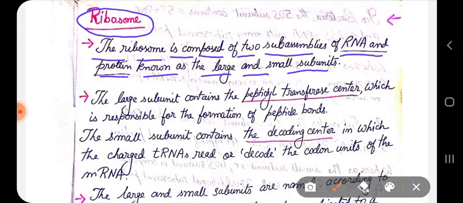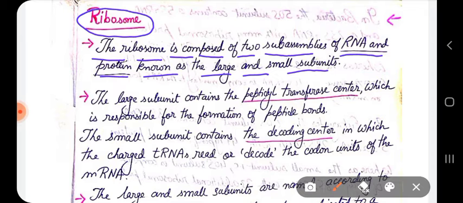So the ribosome is made up of two subunits. One is the large ribosomal subunit, another one is the small ribosomal subunit. Each of these subunits is made up of RNA, that means rRNA, and proteins. The rRNA, called ribosomal RNA, and some proteins make up the large and small ribosomal subunits.